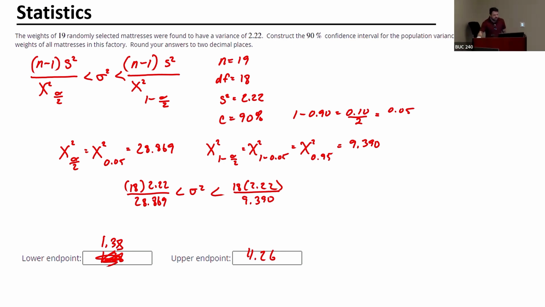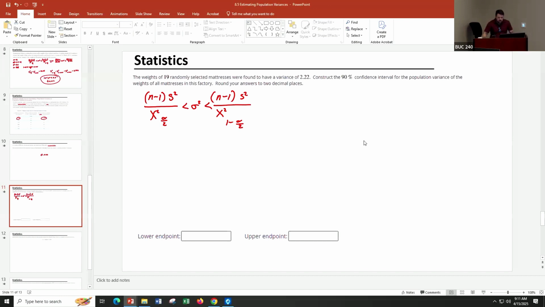Good. Okay, let's jump into 10-1. We're not going to finish 10-1 today. What was the last one we just did? 8.5. We're skipping 9, so we're jumping to 10-1 now.